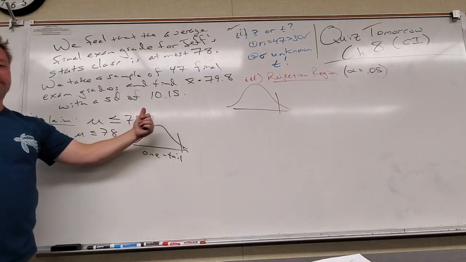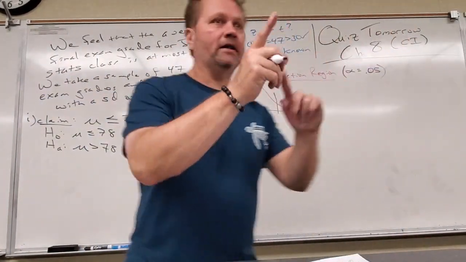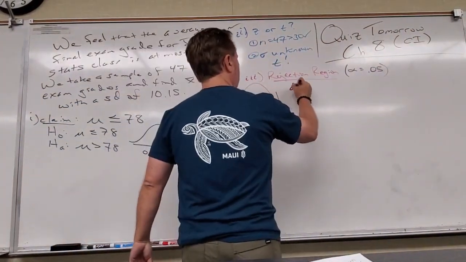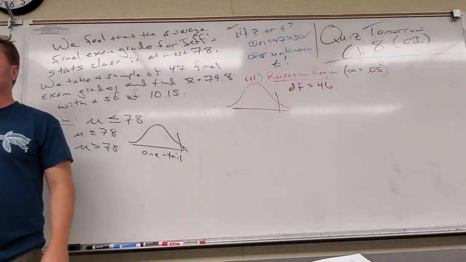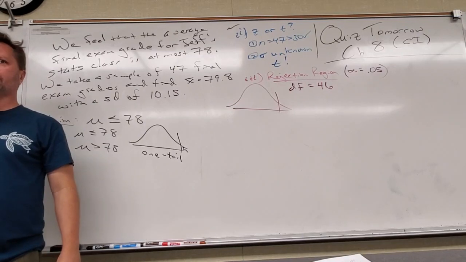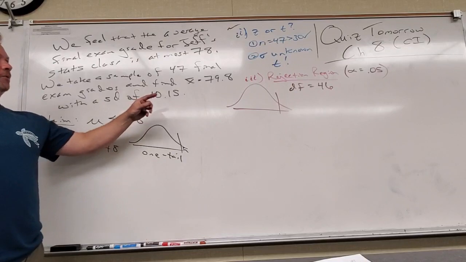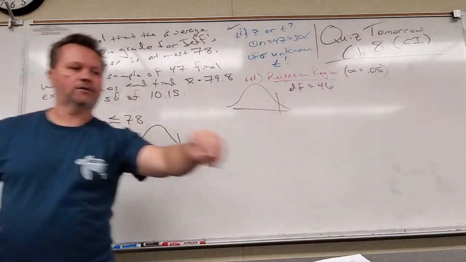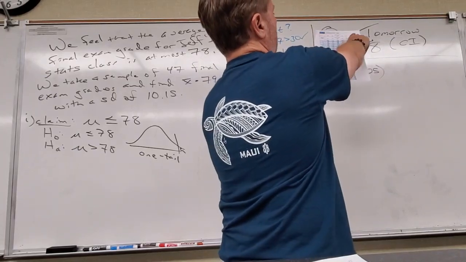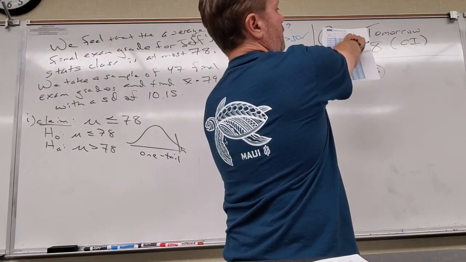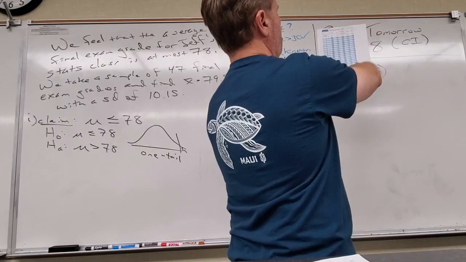So what are the degrees of freedom? 46. Is 46 on there? No. So what do you use? 45. So alpha is 0.05, one-tail test. I'm looking at the top row, 0.05, it's right over there. And then stop at 45. What do you guys get?